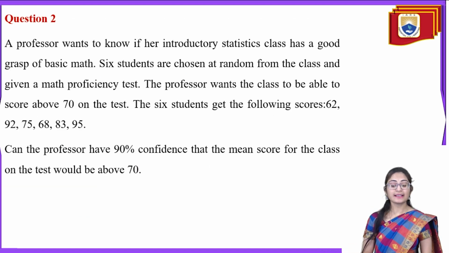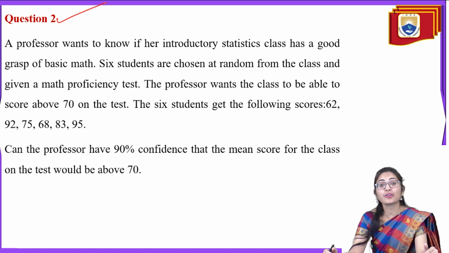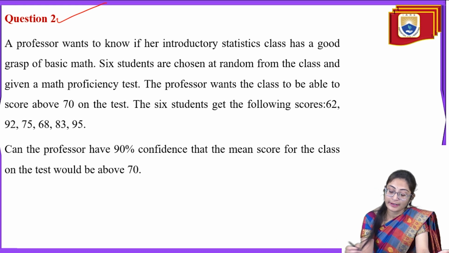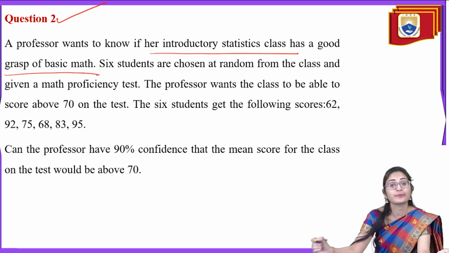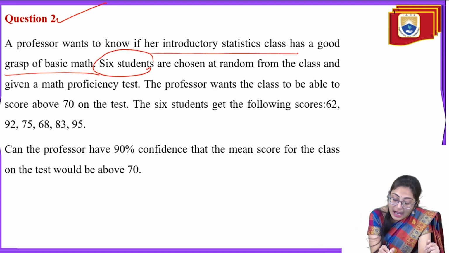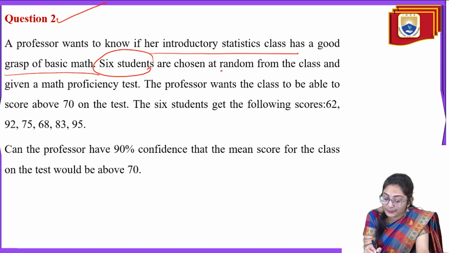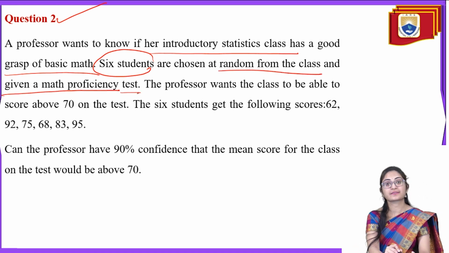Now the second question is: a professor wants to know if her introductory statistics class has a good grasp of basic maths. So 6 students are chosen at random from the class and given a math proficiency test.